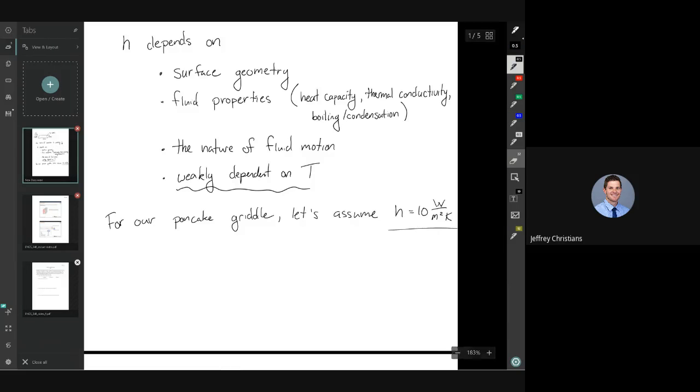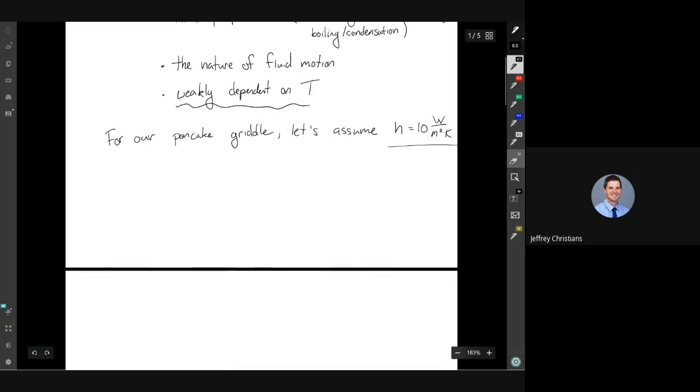Okay, so let's imagine for our pancake griddle, figuring this out maybe takes experiments, maybe it takes some modeling and prediction, but let's say we figured out that H was 10 watts per meter squared Kelvin. Then Newton's law of cooling says that Q double prime equals H times (T_s minus T infinity).